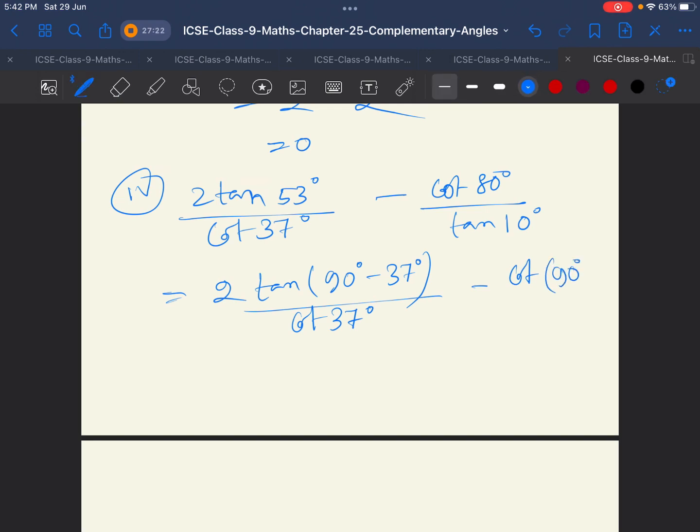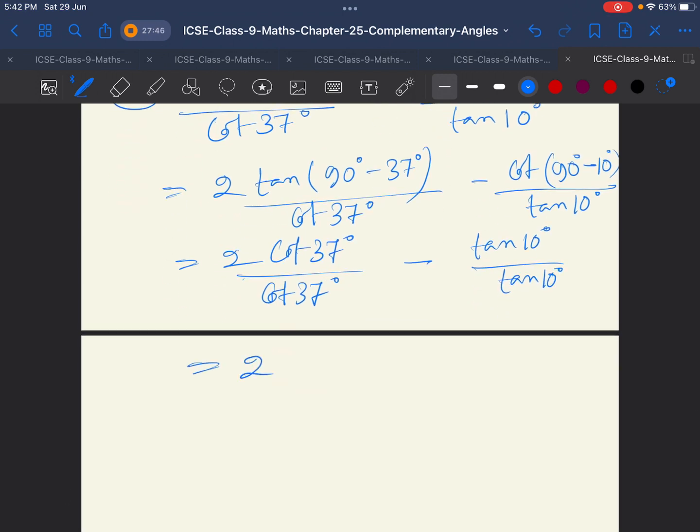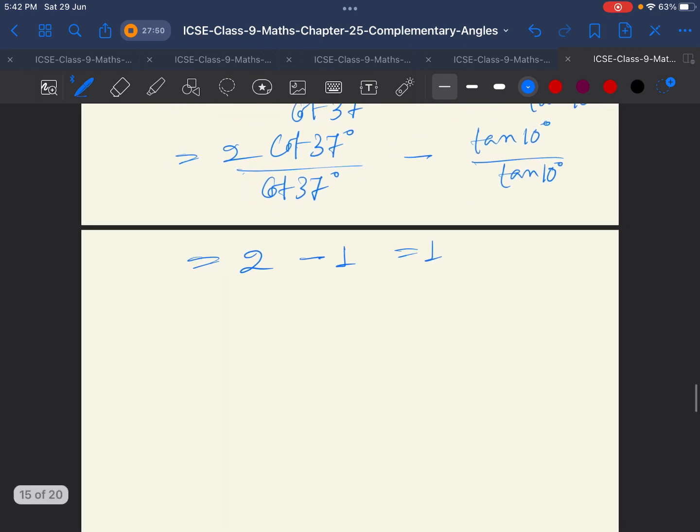We can write 2 tan (90 minus 37) degree by cot 37 degree, minus cot (90 minus 10) degree by tan 10 degree. So 2 tan (90 minus 37) is cot 37, over cot 37, minus tan 10 degree by tan 10 degree. So this is 2 minus 1, so this is 1.